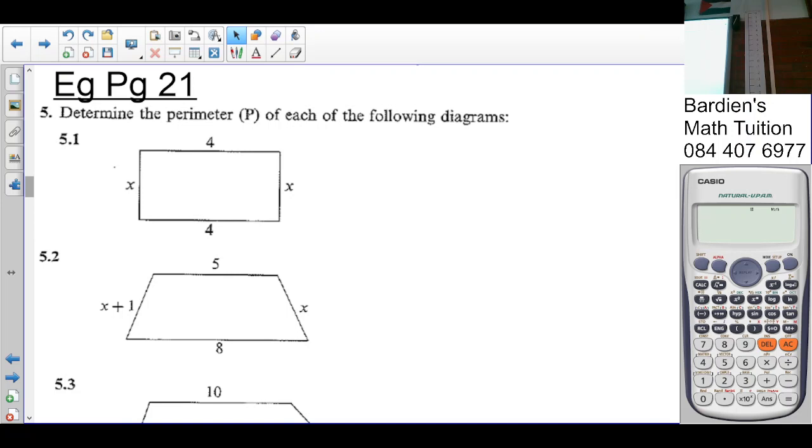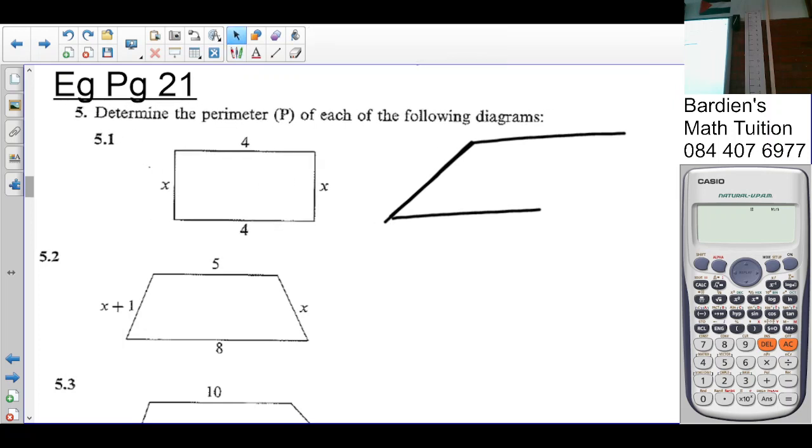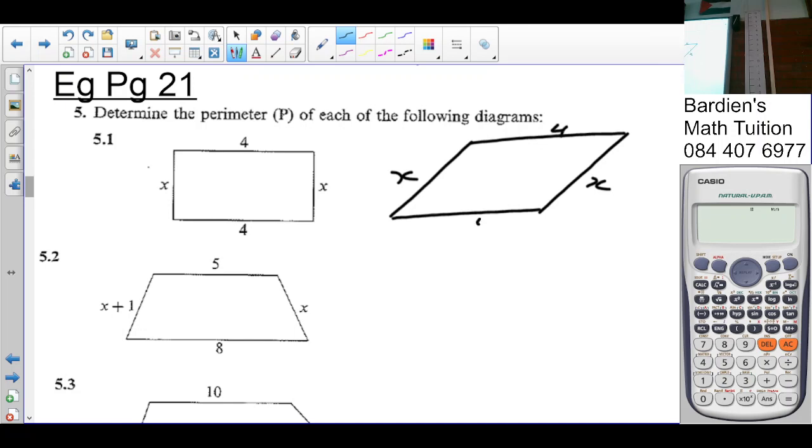Because if you look at the shape here, and that is x and that is x and that was 4 and 4. What type of shape is this? Parallelogram. Nice, whoever said that. It is a parallelogram.